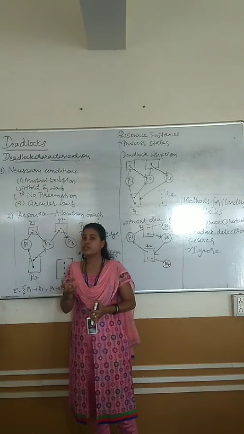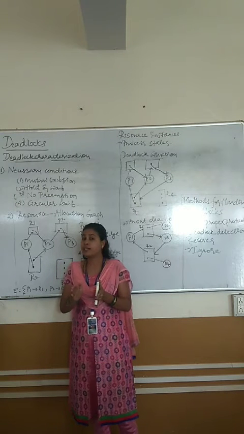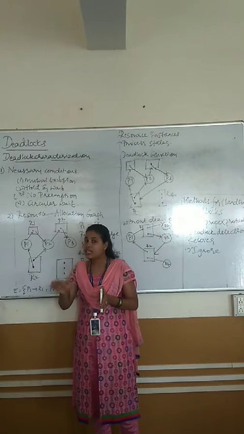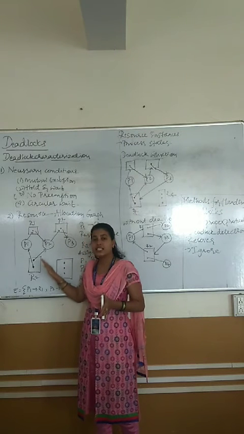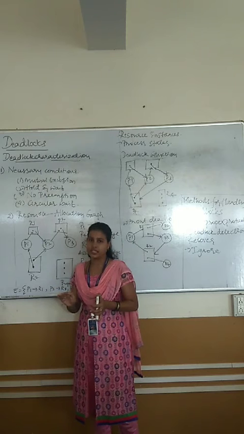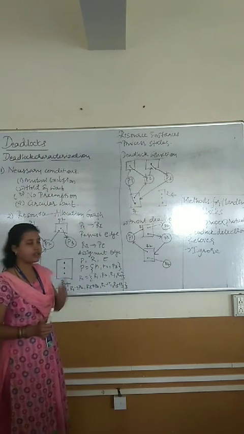Necessary means this is a requirement, but it is not a sufficient condition. If there is a cycle, then it is only the necessary condition. Then how to find out the deadlock here?